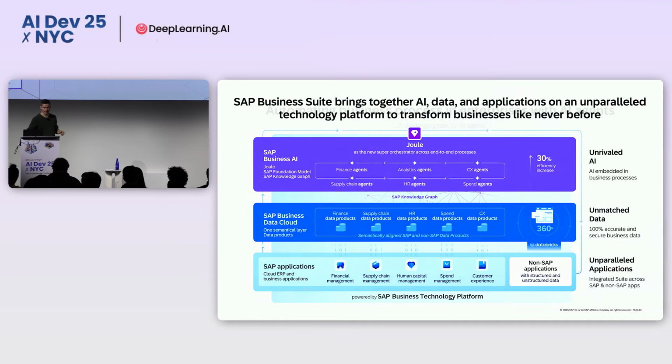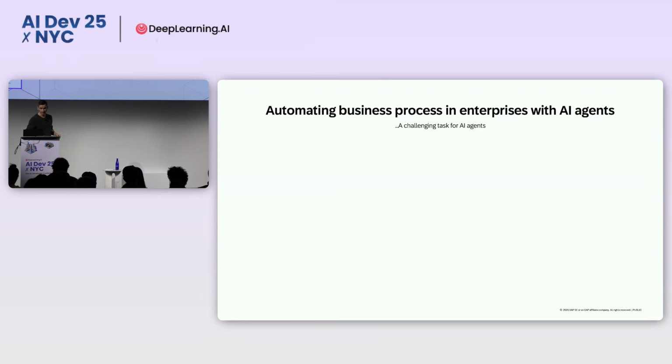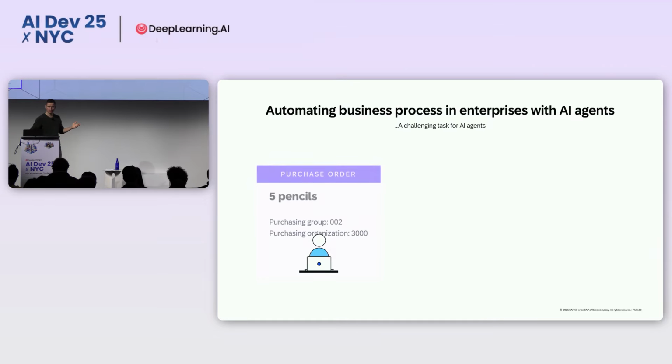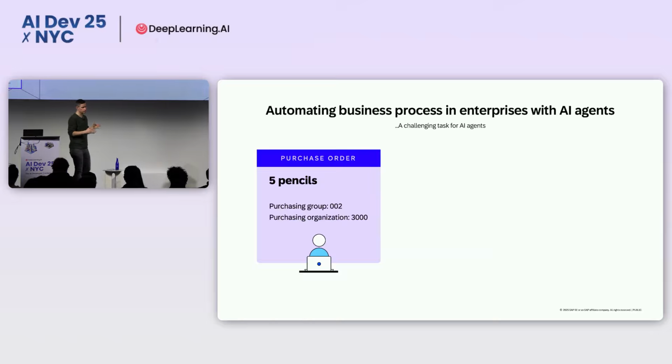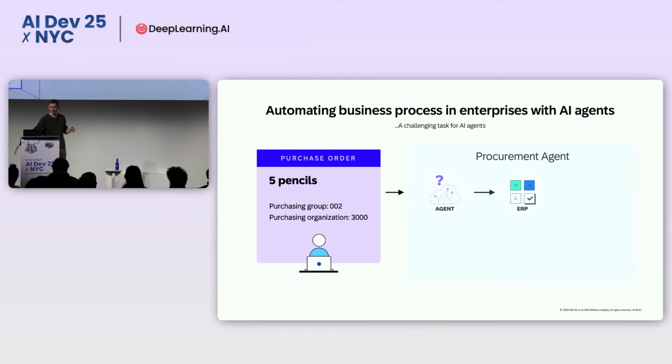But let's take a look at the problem that AI agents might face. So suppose you have a Joule user who wants to create a new purchase order for 5 pencils in a certain purchasing group and a certain purchasing organization, as shown here. Now, if you give this task to an AI agent, a procurement agent, and you give the agent access to all of the APIs and services you have in your ERP system, then the agent will struggle to actually fulfill this task.